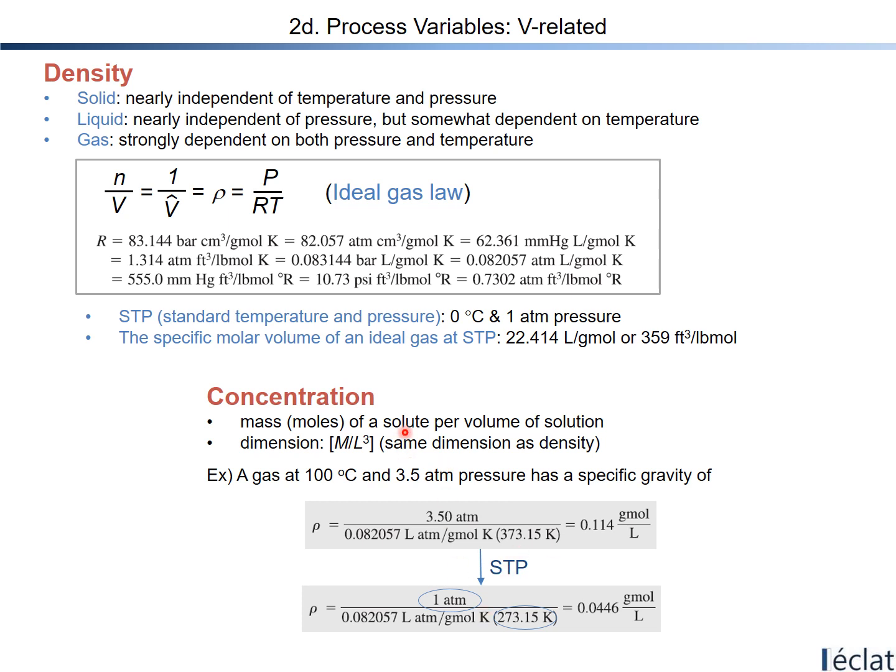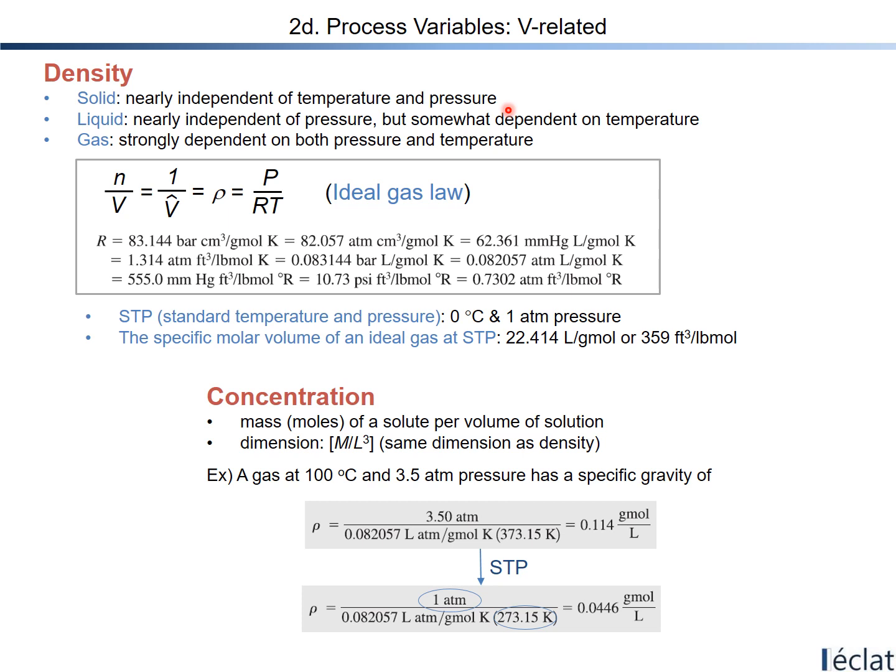So we could have three different phases. Solid is nearly independent of temperature and pressure. You have a stone here, and then you have heated the stone. Do you think you would observe the volume expansion in solid? No, I don't think so. How about pressure?